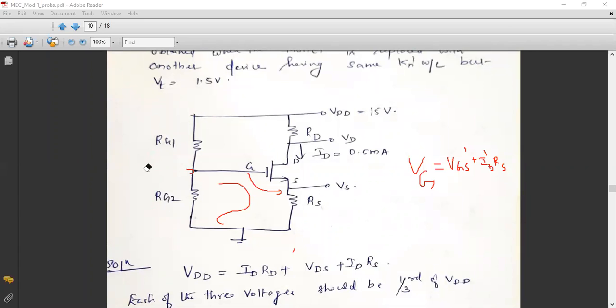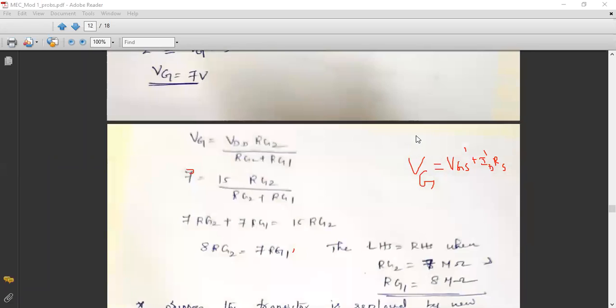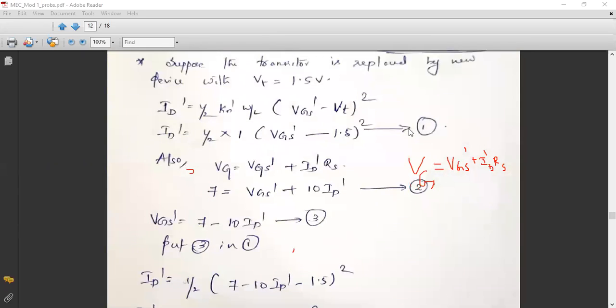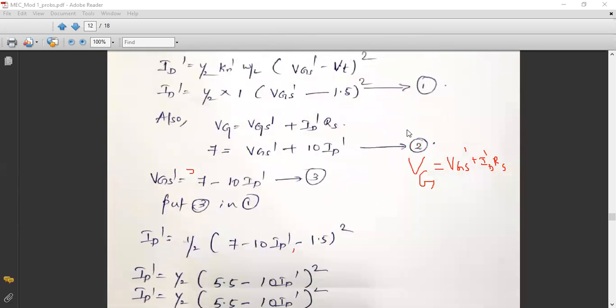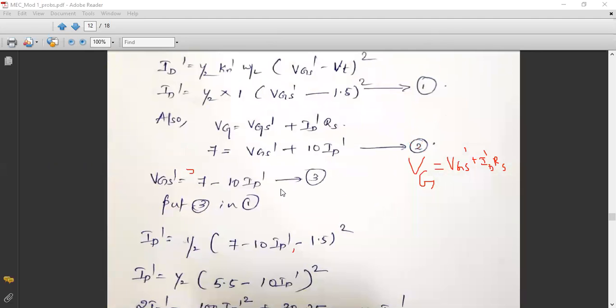Okay. So VG is equal to VGS dash plus ID dash into RS. From this, you can calculate VGS dash. Rewrite VGS dash and substitute in our equation 1. That is 7 minus 10 ID dash. VG is 7, right?